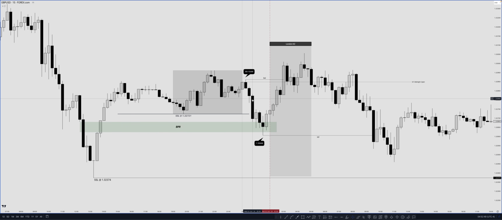So now, does that mean that we just had a break of structure and price is about to pull back and continue lower? Absolutely not. Why? Because we have a buy-side liquidity pool that wasn't taken out yet, hanging right above us. And in this way, if you would be looking for price to retrace and continue lower, you wouldn't only be ignoring a buy-side liquidity pool hanging right above.